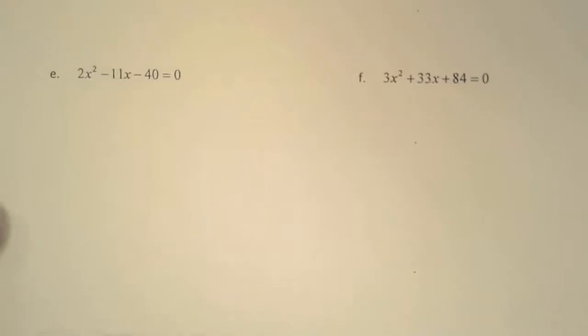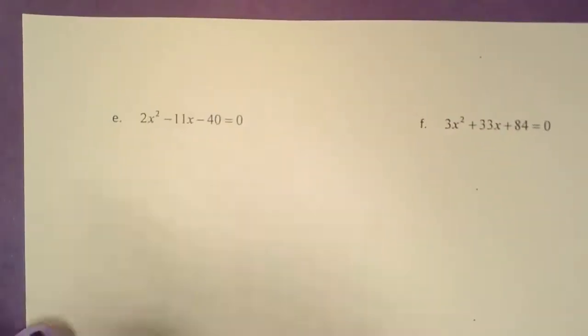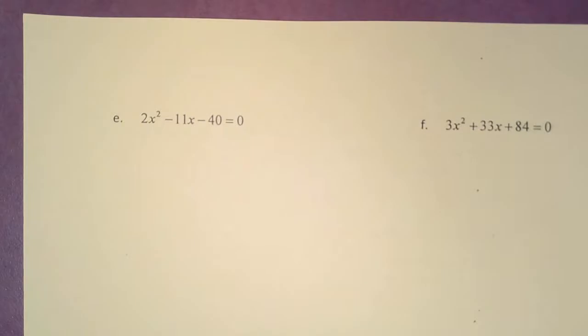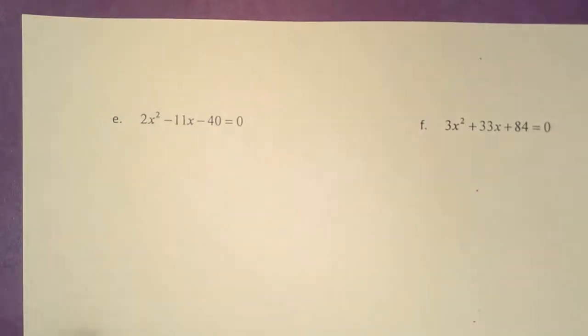Okay, we got 4 more examples. E. So it's set equal to 0, so that tells me I'm good to get started. My first term is not 1, so I cannot use that shortcut. None of these numbers are divisible by like 2, so I can't do anything there.